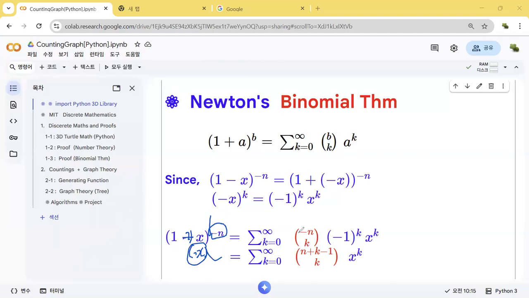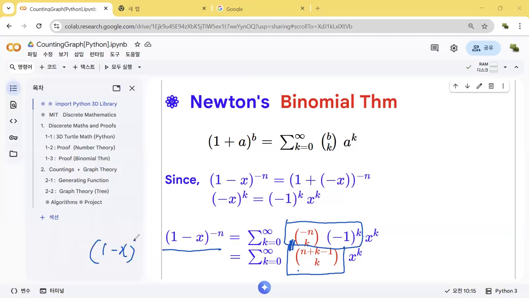So this is from minus n choose k, times minus x to the k, expressed as a product of those two. Now this can be re-expressed as n plus k minus 1 choose k. This is the vital fact for 1 over (1 minus x) to the n, and this is a power series expression. So this is the key feature.